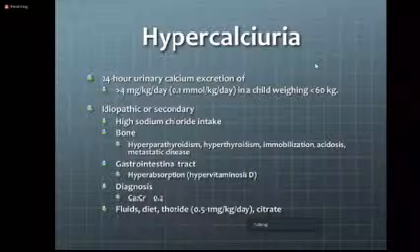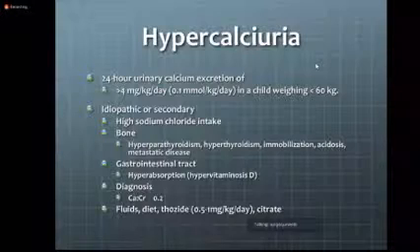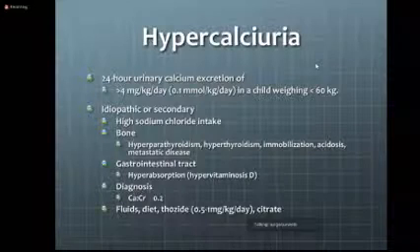The other causes of hypercalciuria include calcium mobilization from various resources like bone. So hyperparathyroidism, hyperthyroidism, immobilization, acidosis, metastatic disease, relatively less common in children, but they can be causes for increased calcium excretion.